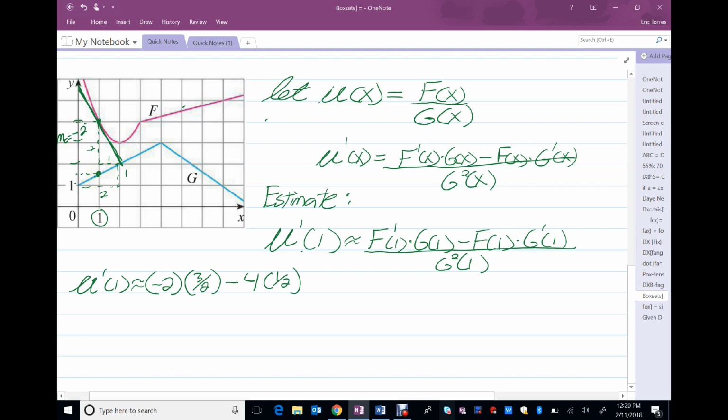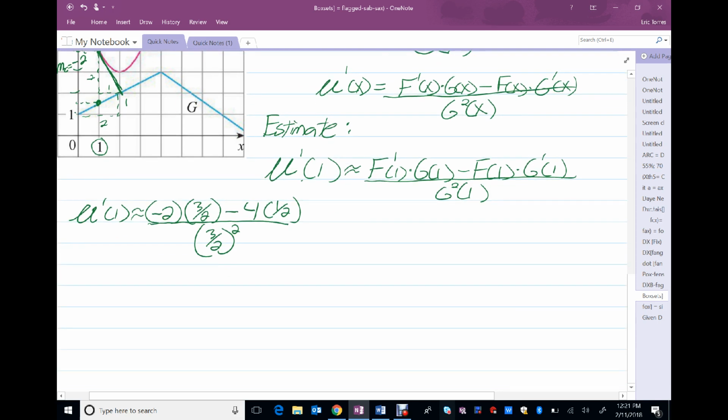All over the output of g at 1, which we determined was about 3/2 squared. Now, generally, I would say since this is an estimate, you could go ahead and put it in a decimal approximation, but I'm going to go ahead and simplify these fractions out myself.